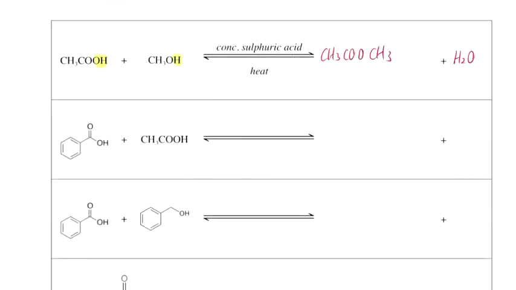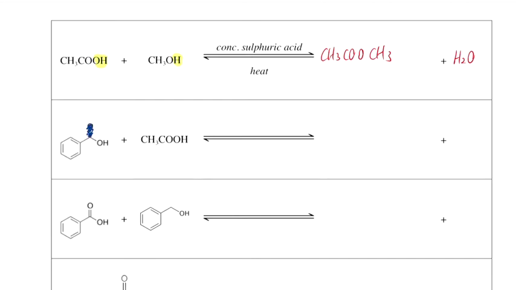For the second example, actually I made a mistake here. On the left hand side, you can see it's a carboxylic acid, and here we also got a carboxylic acid. So this is not the example I want to show for esterification. So please change the left hand side one by erasing the carbonyl group.